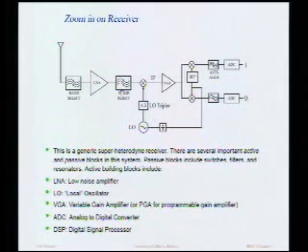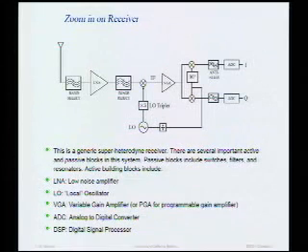These blocks here are filters, and you can see that filtering is a big part of what a receiver does. The first block, though, before we can actually mix the signal, is a low noise amplifier. And the job of a low noise amplifier is obviously to amplify the signal, but to do it in such a manner as to add as little noise to the signal as possible.